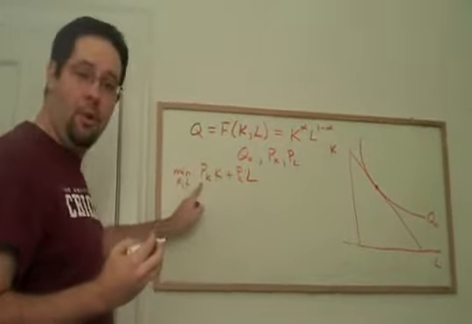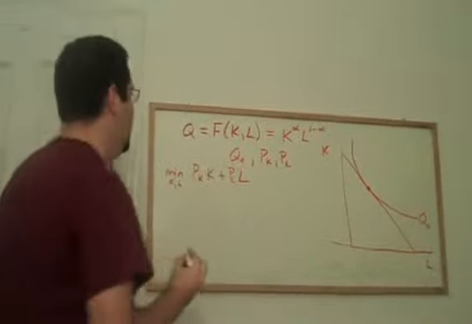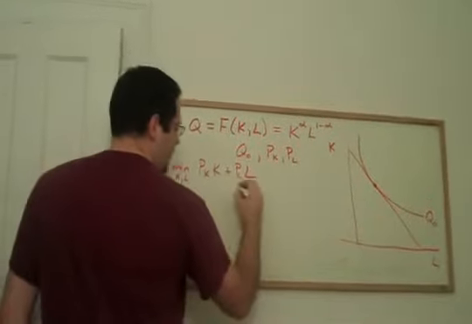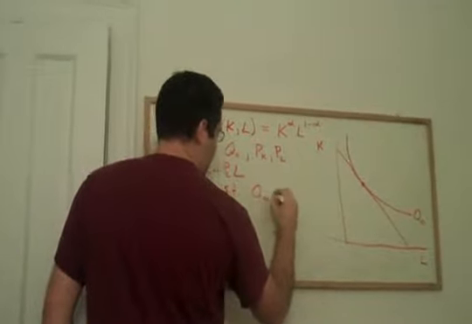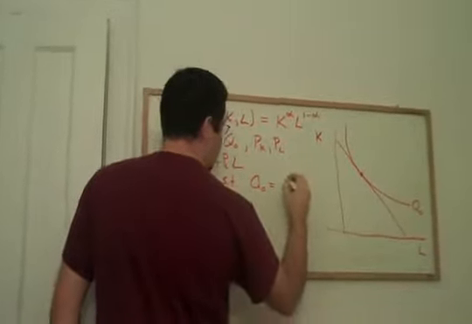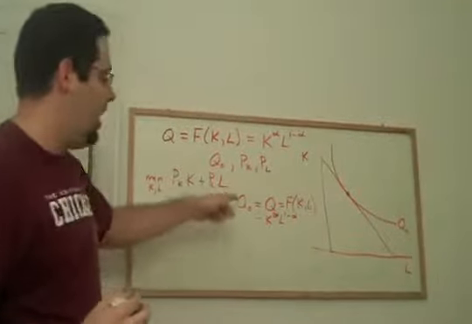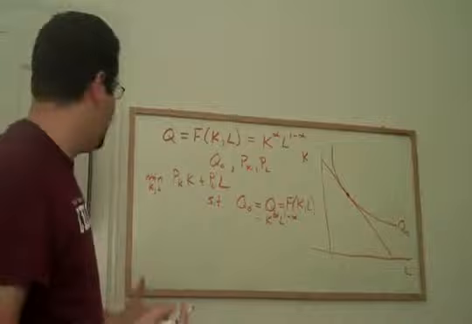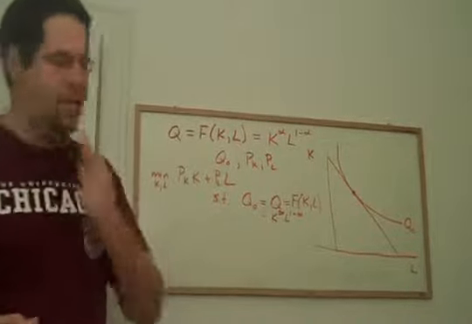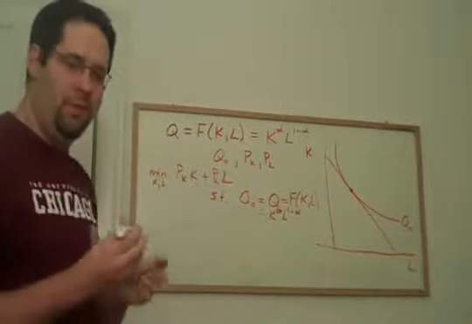They take price of capital and price of labor as given. And they're going to minimize this subject to producing Q equal to K to the alpha, L to the 1 minus alpha. And so there is our minimization problem, and that is the problem that we hope to solve.